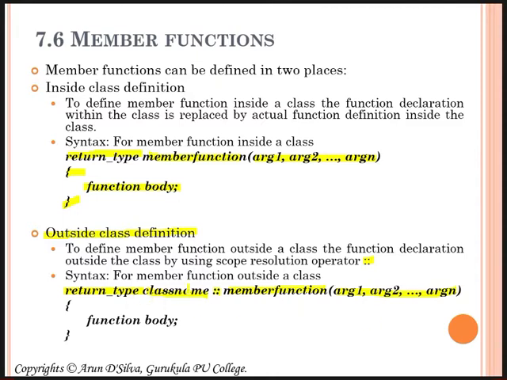This is what tells the compiler which class this member function belongs to. This class name will be the identity label, and the compiler will come to know that this function is a member of this class. The rest is as usual, a function body enclosed with flower brackets.